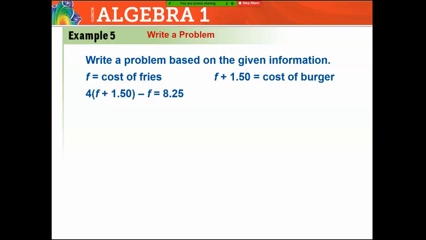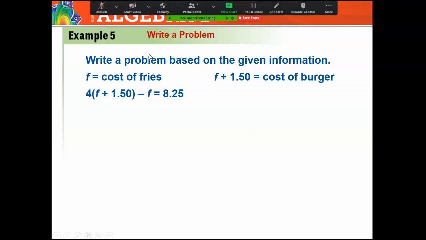And tell me what 4 times F plus 1.5 minus F equals 8.25 could be. So we're going to be creative. And the first one we're going to go through together. But you are going to try to write a problem creatively that represents this information.